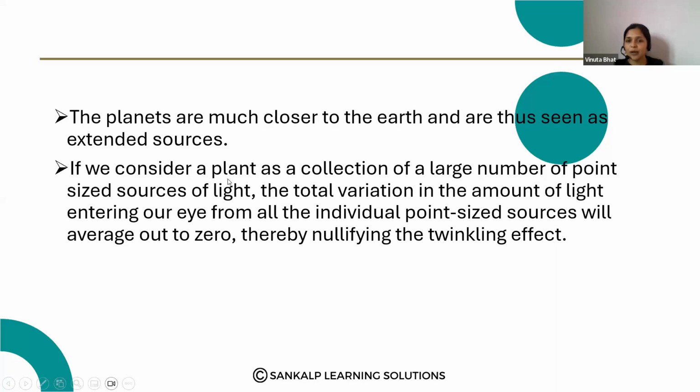If we consider a planet as a collection of a large number of point-sized sources of light, the total variation in the amount of light entering our eye from the individual point-sized sources will be averaged out to zero. So because of this reason, the twinkling effect is nullified. This is why the planets do not twinkle.